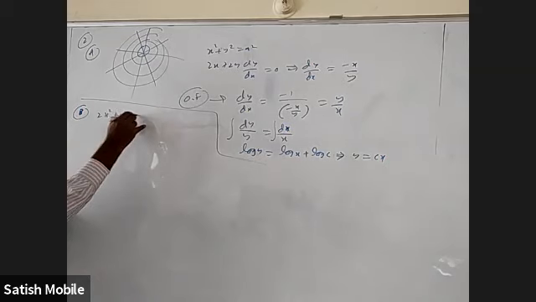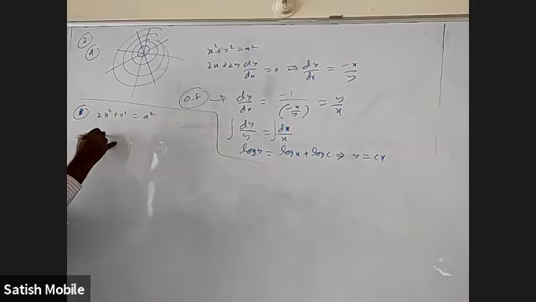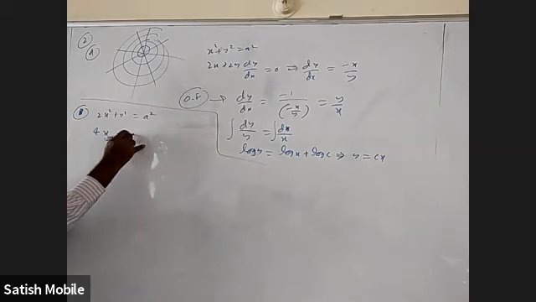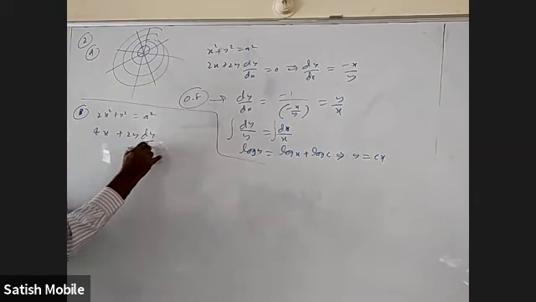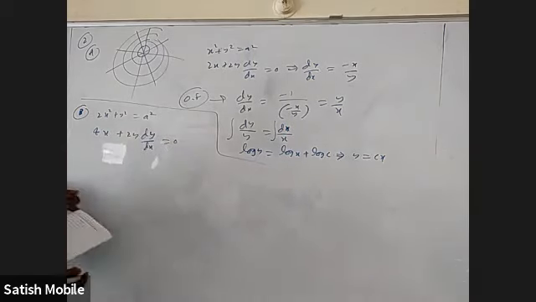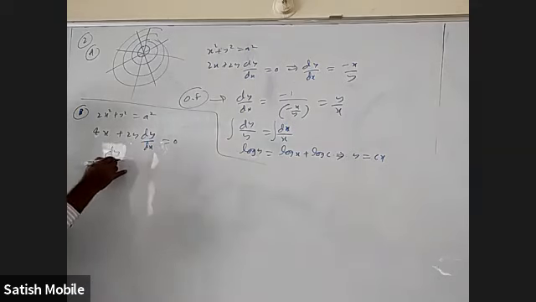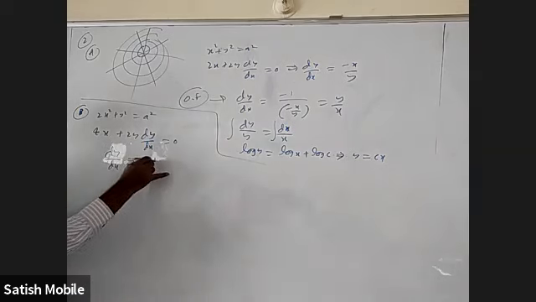2x square plus y square equal to a square. This is a family of ellipses. Differentiate, we will get 4x plus 2y dy by dx equal to 0. So dy by dx equal to minus 2x by y.